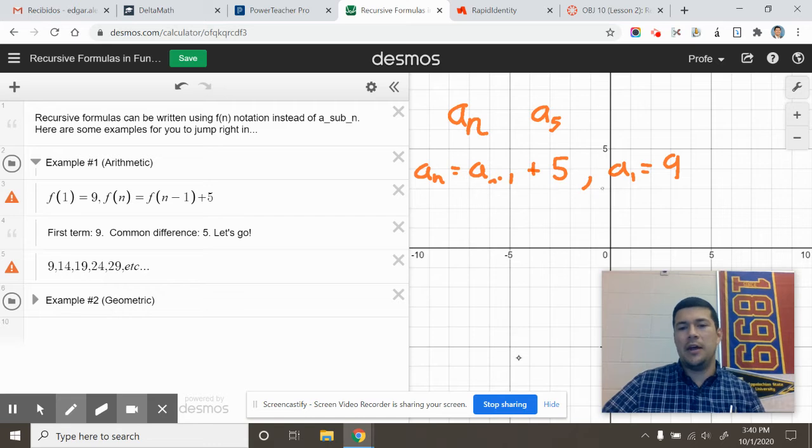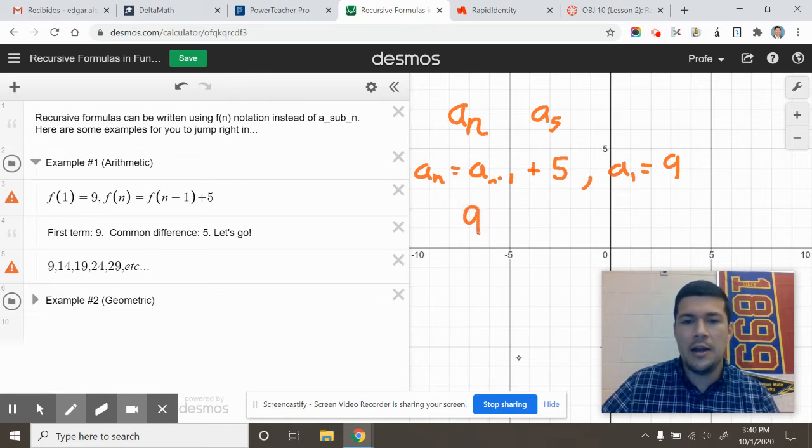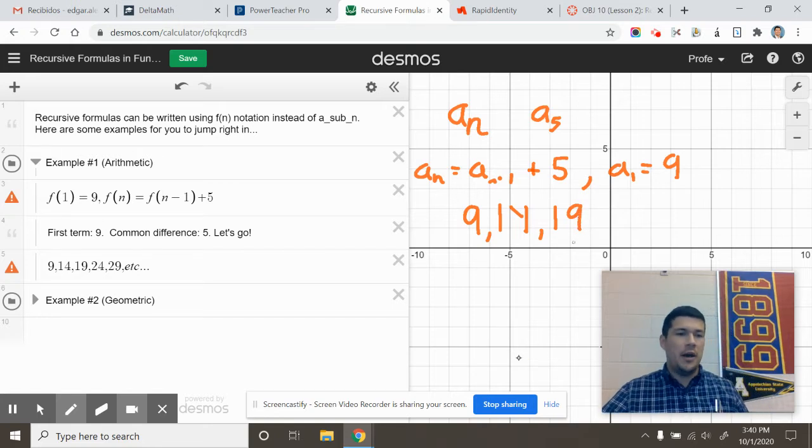Okay, and that meant that the sequence's first term is 9, and your common difference is 5. So start at 9 and add 5 each time. So you go 9, 14, and then add 5 again, and you get 19. All right, and then continue adding 5.